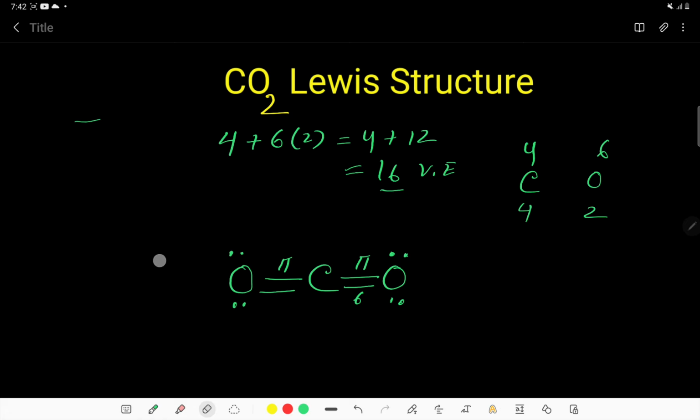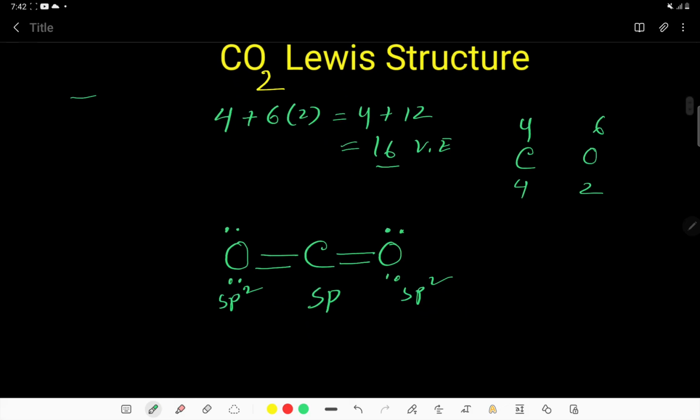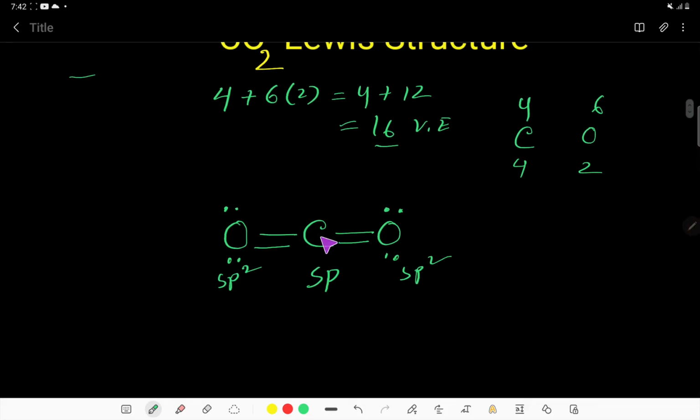So now tell me the hybridization of carbon. This carbon is sp hybridized and this oxygen is sp2. So let me explain these things. Look, when we are going to determine the hybridization, at first we'll ignore the pi bond.